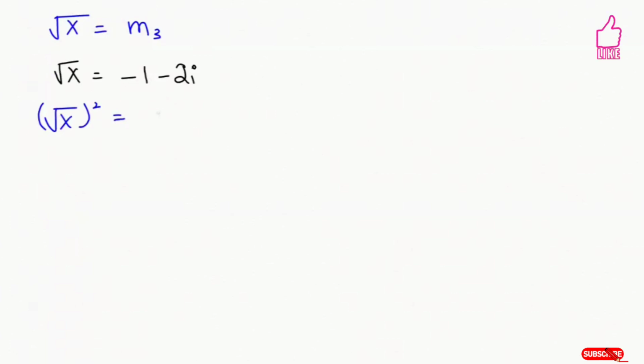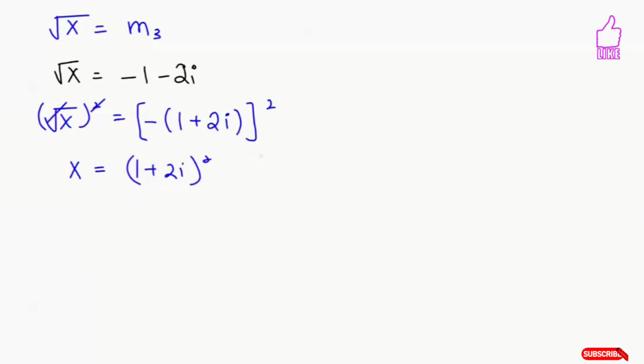Here we have the negative sign, so I'm going to take this out and write 1 plus 2 iota, whole to the power of 2. So here this is going to be cancelled out. x is equal to, this is going to be the positive 1, and here this will be equal to 1 plus 2 iota whole to the power of 2.